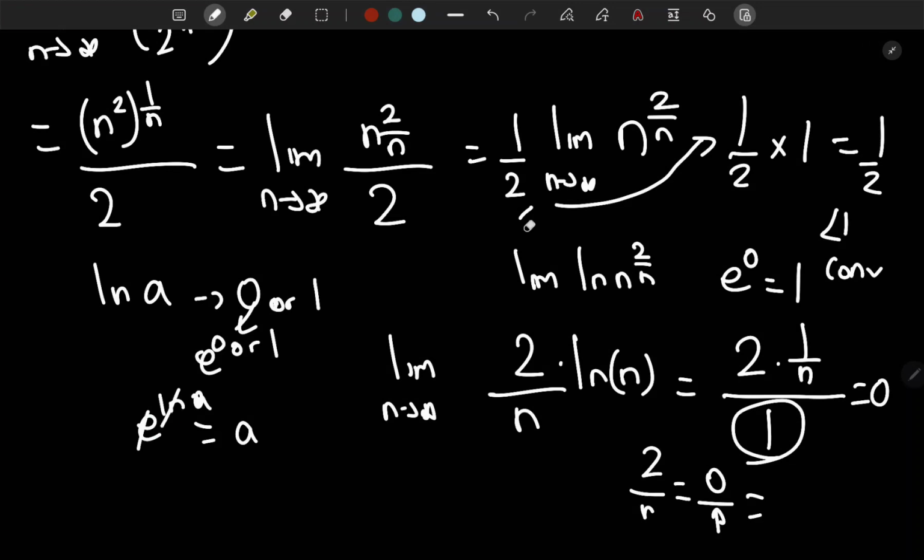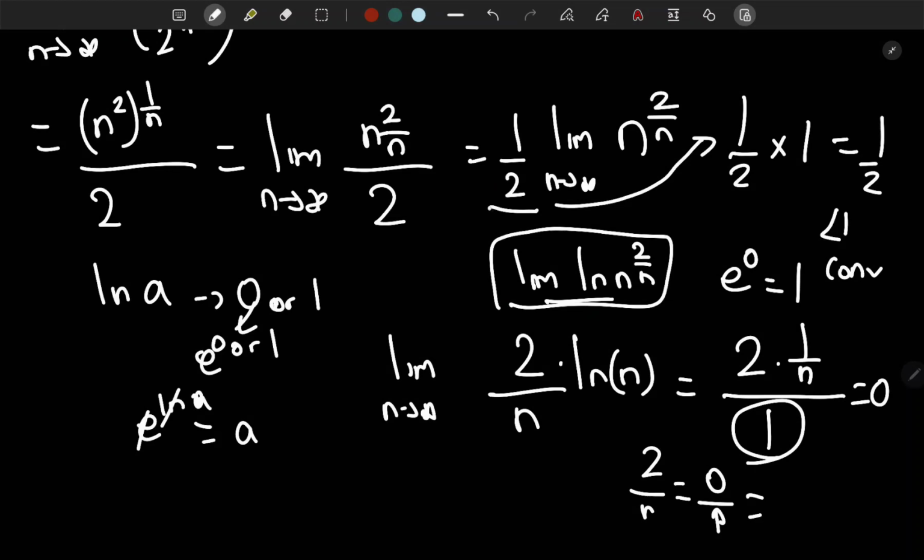So one last thing that you should be very careful of is we do have 1 over 2 outside as a coefficient of this limit. Now once we introduce ln, we had 2 over n, but we cannot cancel this 1 over 2 multiplied by 2 over n, since we have introduced a ln here.